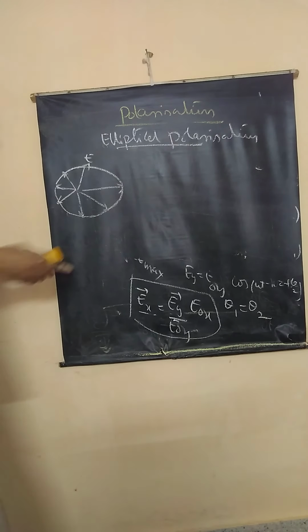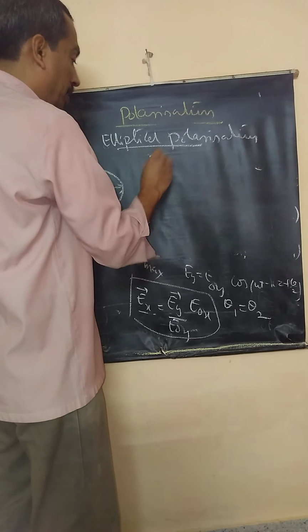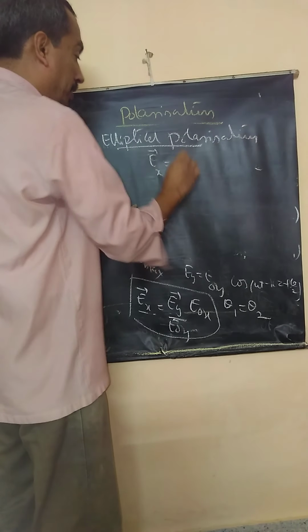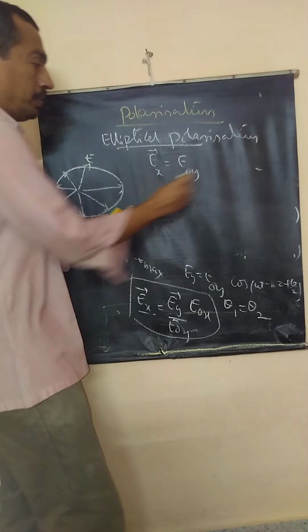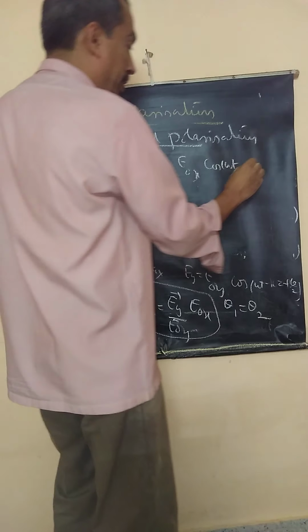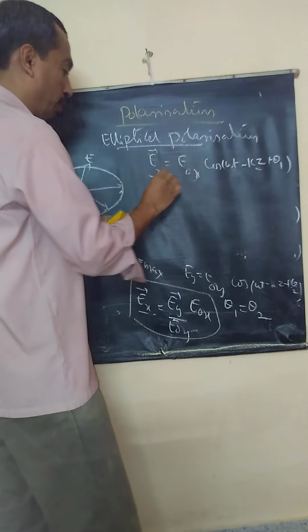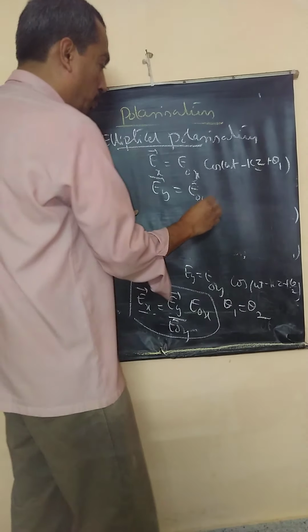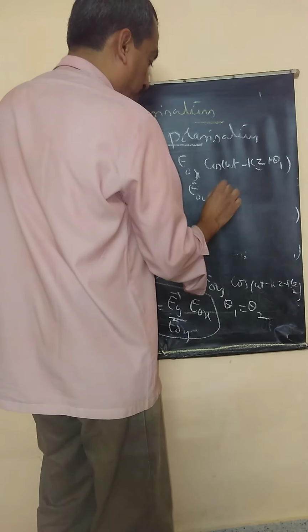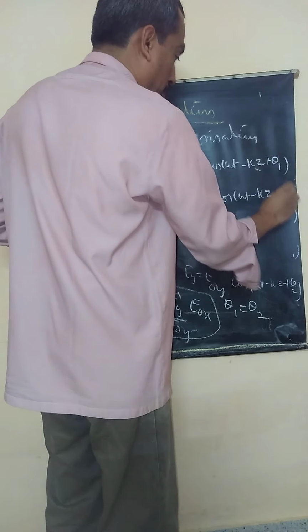So how do you write this? How can two components be written? Here, the x component of the electric field, I will write E naught x cos of omega t minus kz plus theta 1. The y component of the electric field, E naught y cos of omega t minus kz plus theta 2.